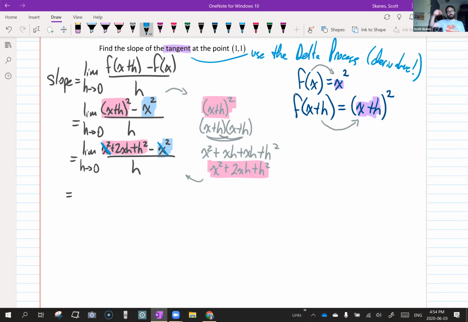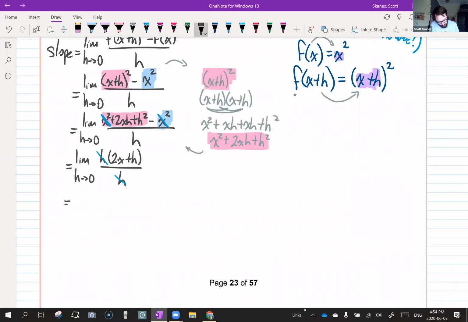I could take a common factor of h outside. So that would be h outside of 2x plus h all over h. Now our h's can cancel. This is the same thing like we did yesterday. I'm not going to do the limit quite yet because I want you to see perfectly where it comes from.